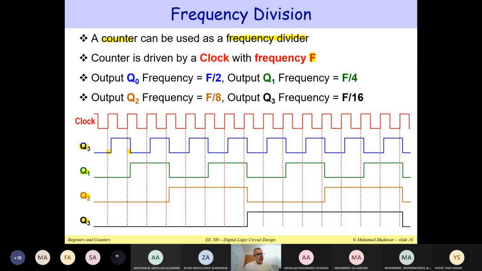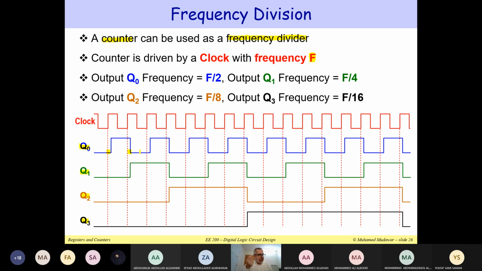The same for Q0, but every 2 cycles. So it takes 2 cycles of the clock to have 1 cycle of Q0. So the cycle of Q0 is double the cycle of the clock, or the frequency of Q0 is half the frequency of the clock.